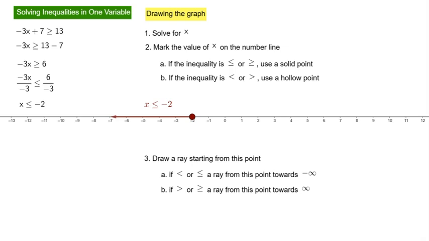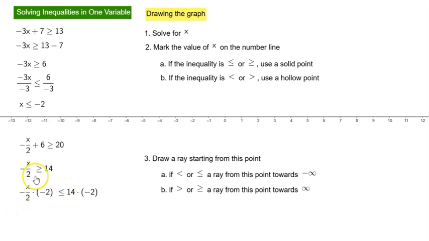Okay, now let's look at what happens when we multiply by a negative number. Minus x by 2 plus 6 is greater than or equal to 20. That means minus x by 2 is greater than or equal to 14. Now we are going to multiply both sides of the inequality by minus 2.